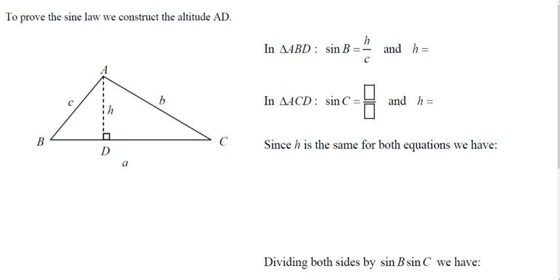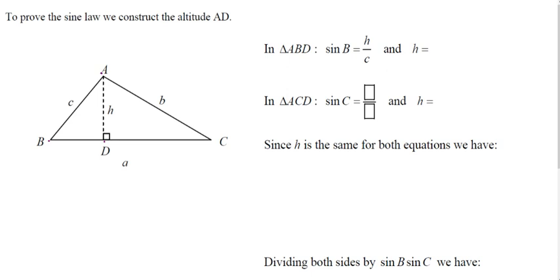To prove the sine law, we construct an altitude AD. So we take our triangle ABC with little a, little b, little c. We construct an altitude AD, and we say in triangle ABD, so triangle ABD is from here to here to here, the left-hand side, we know that the sine of angle B is h over c.